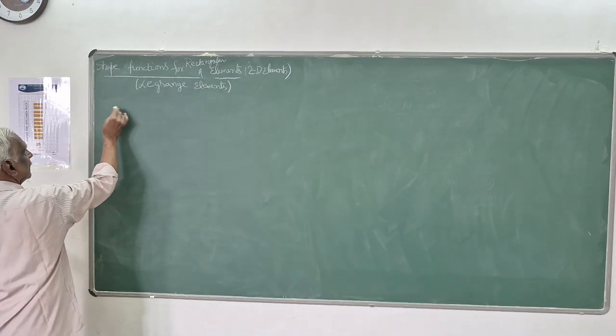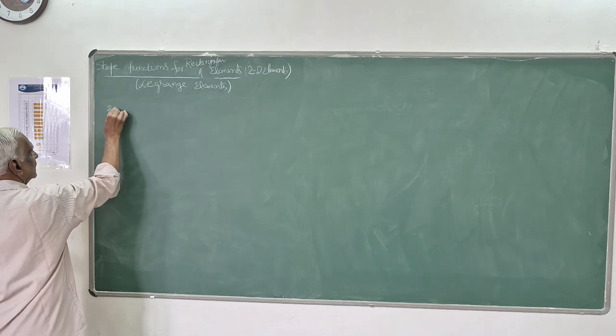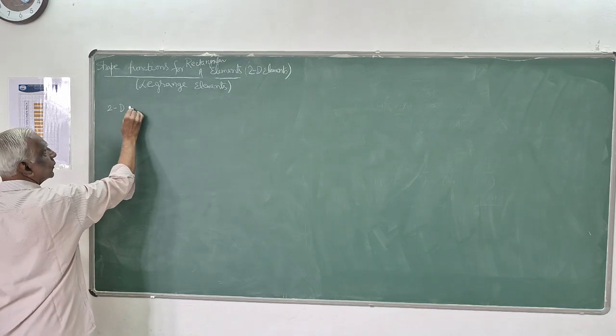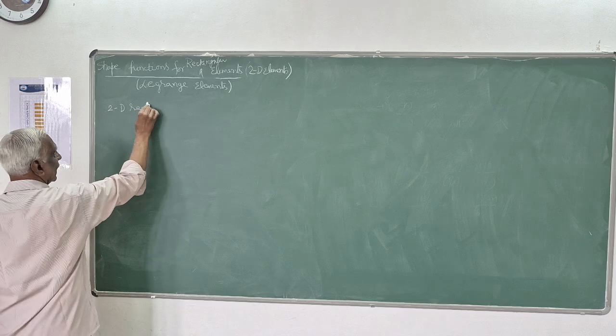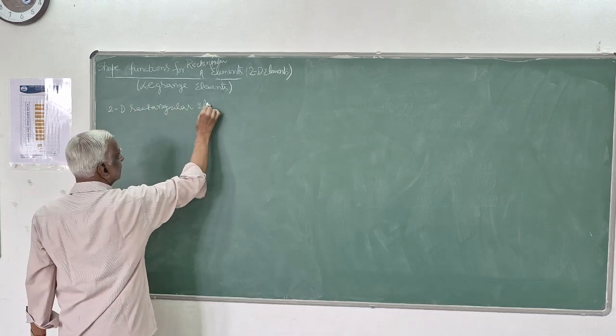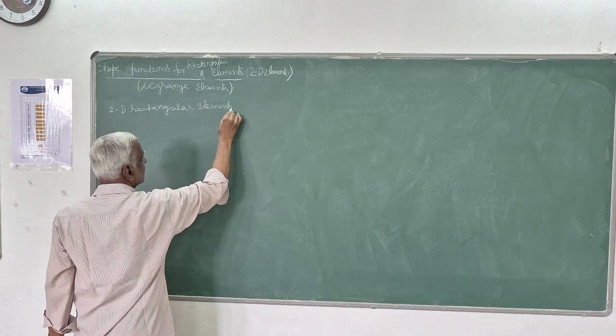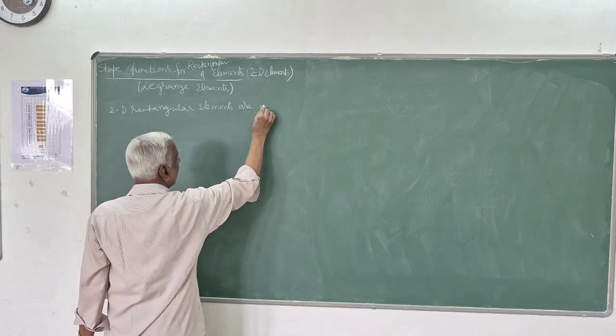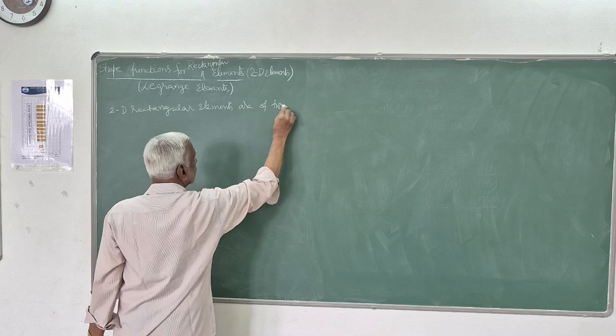So Lagrange elements. First, 2D rectangular elements are of 2 kinds.